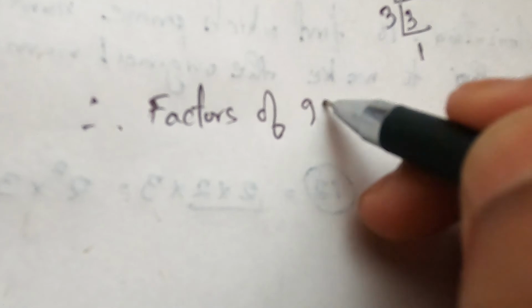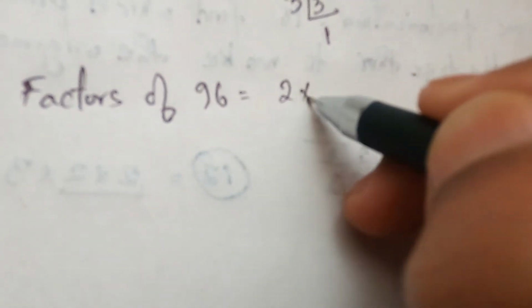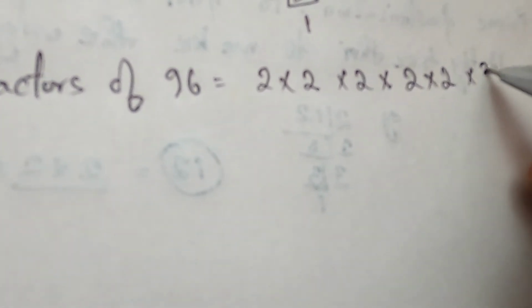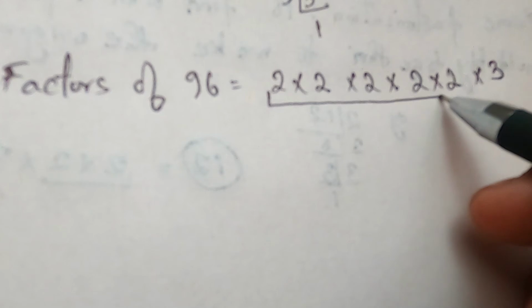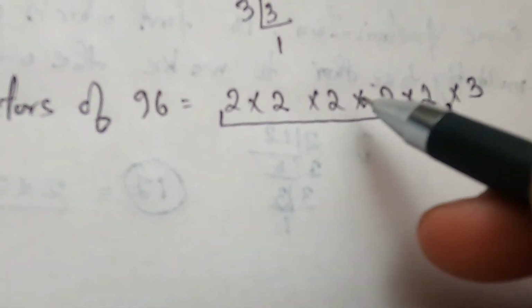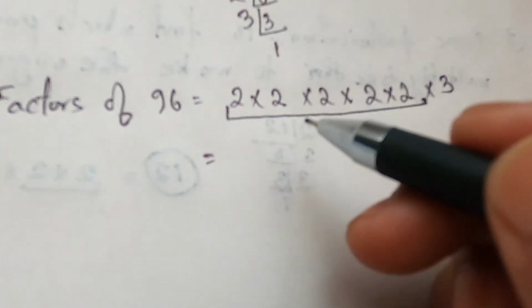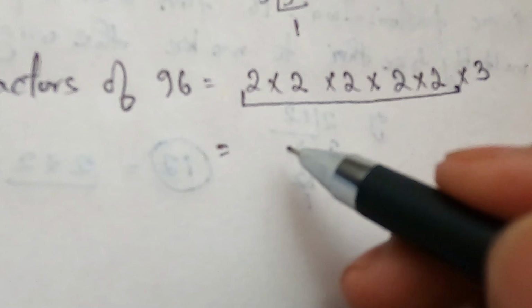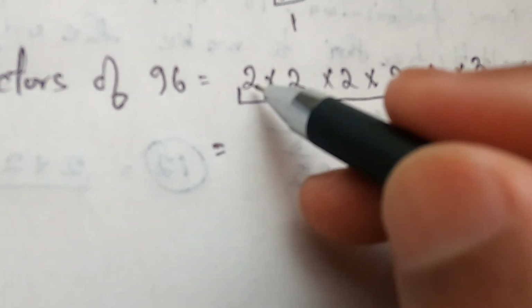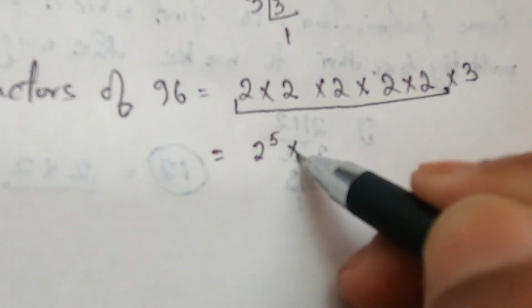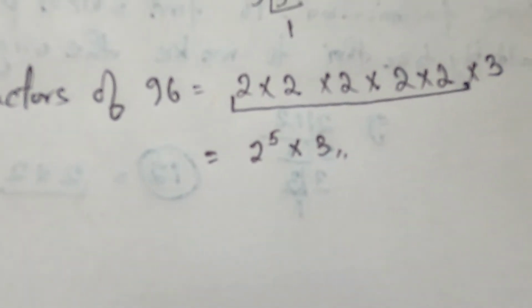So you will write: factors of 96 will be 2 into 2 into 2 into 2 into 2 into 3. You can express these factors in the form of exponents. How many 2's are there? 1, 2, 3, 4, 5. So it will be 2 to the power 5 into 3. This will be your answer.